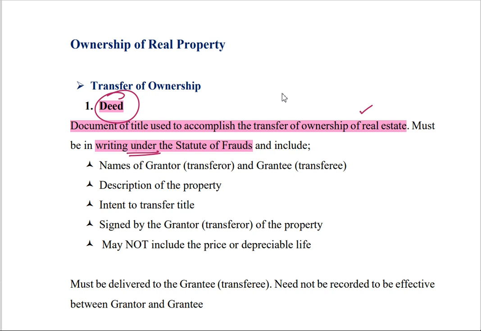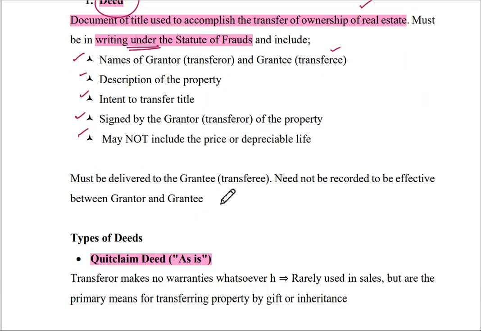Anything related to real estate needs to be in writing. The writing should have the name of the transferor and the transferee, often called grantor and grantee, a description of the property, and intention to transfer the title, signed by the transferor. It may or may not include price or depreciable life.